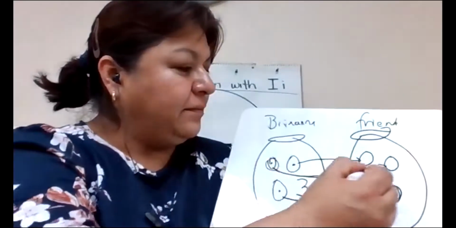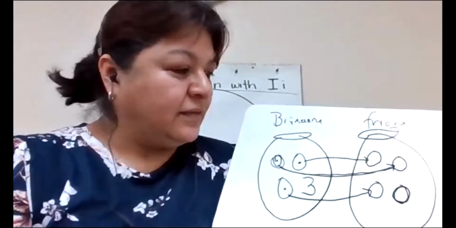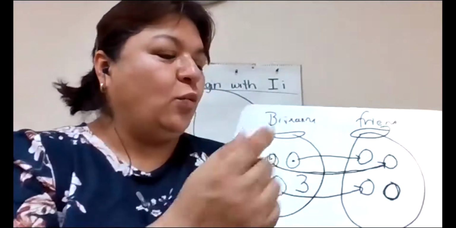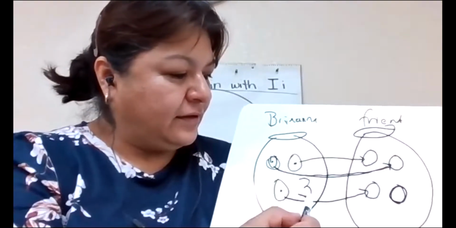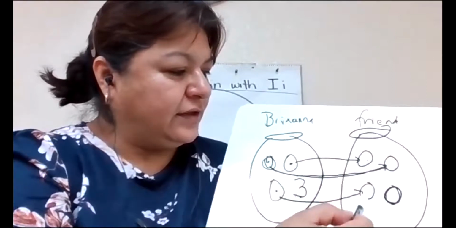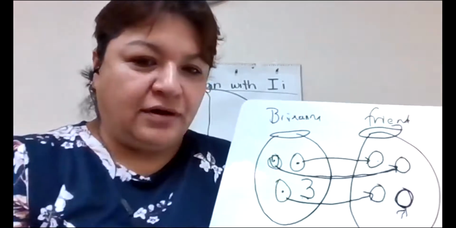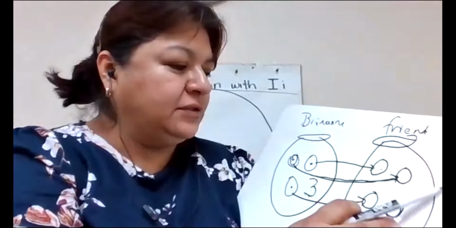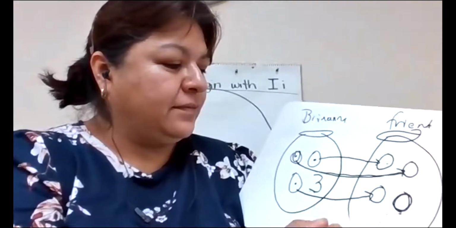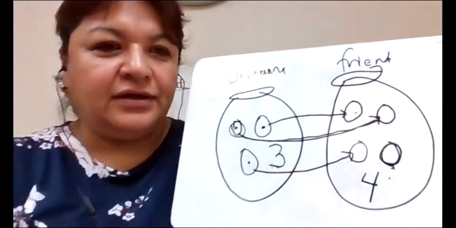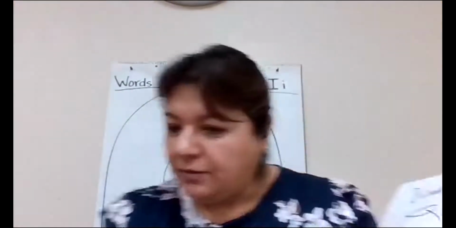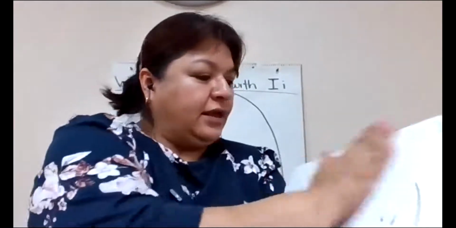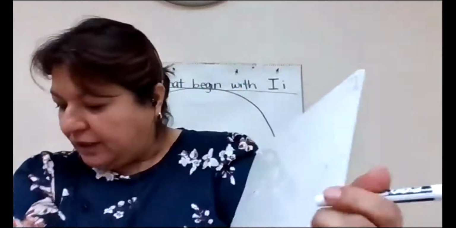Because we paired them, and the question was, her friend has 1 number greater than 3. 1, 2, 3. 1 number greater. So how many apples does her friend have? 4. Good job. I'm gonna do a couple more on my whiteboard, and then your homework is gonna be page 91 and 92. Okay?